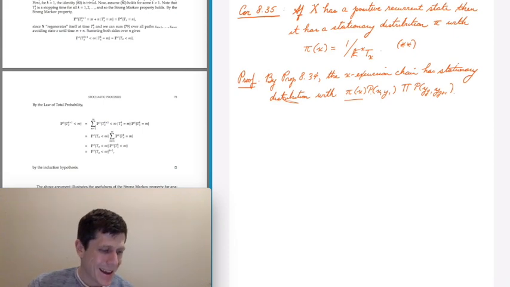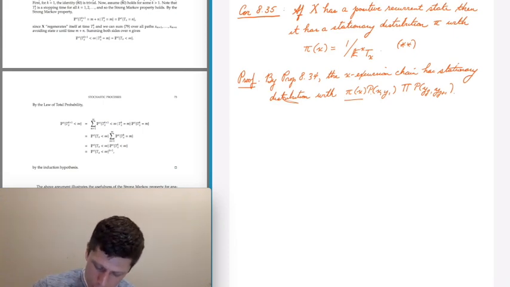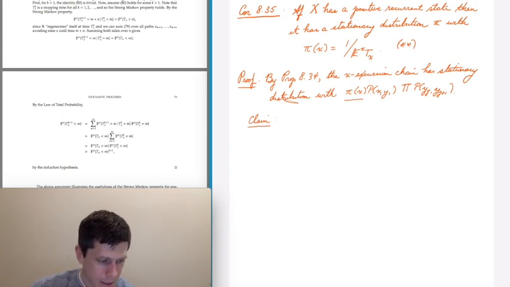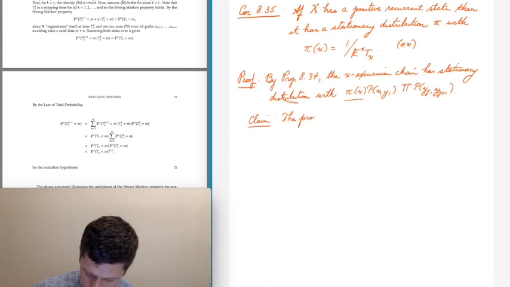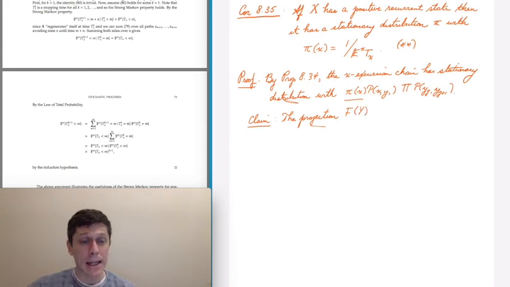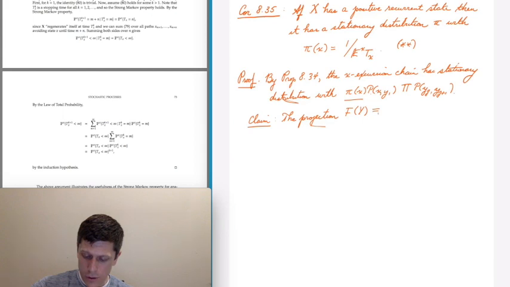Okay. And we also have to note, or I'll claim, that the projection of f back into the state space X is a version of the original process. And remember, this was an exercise.